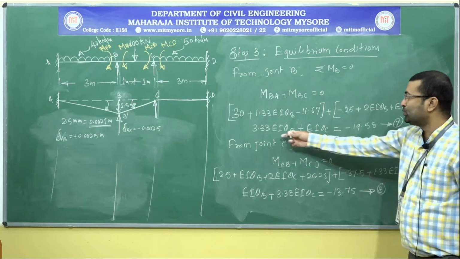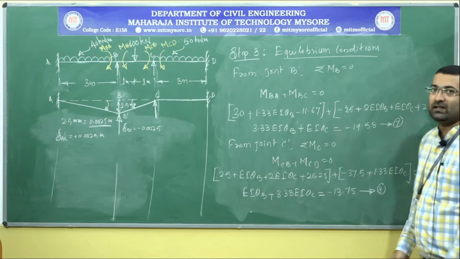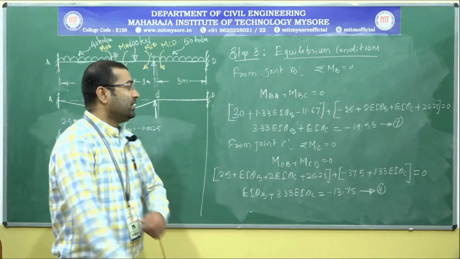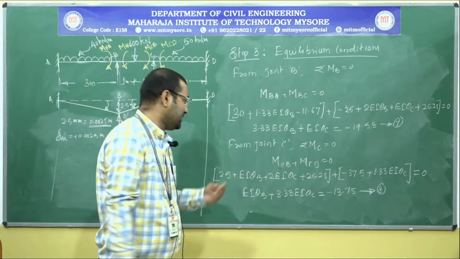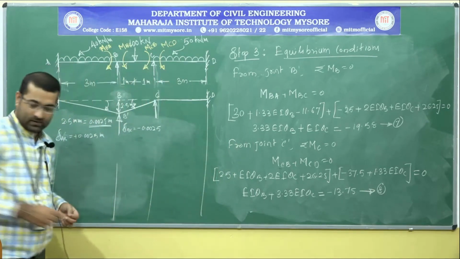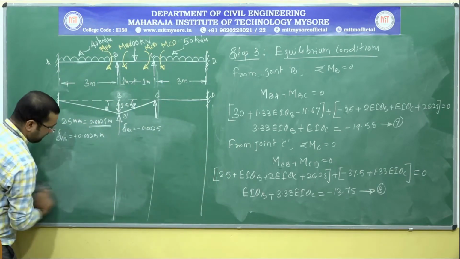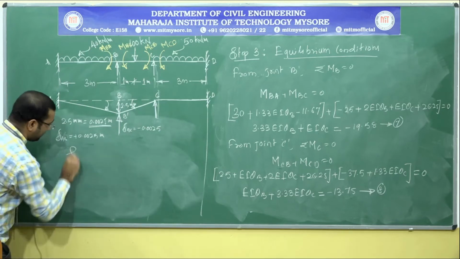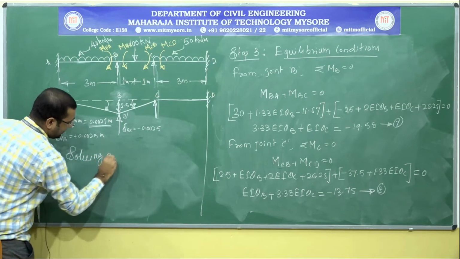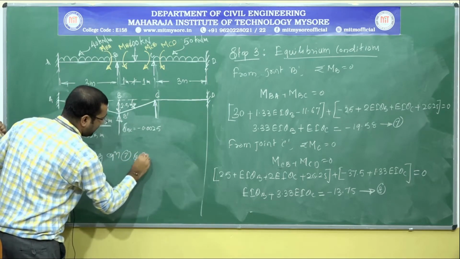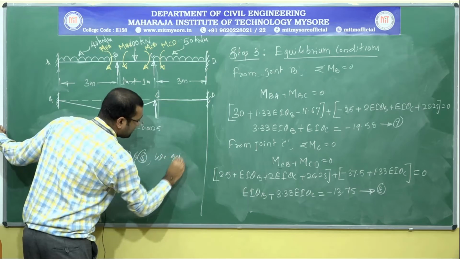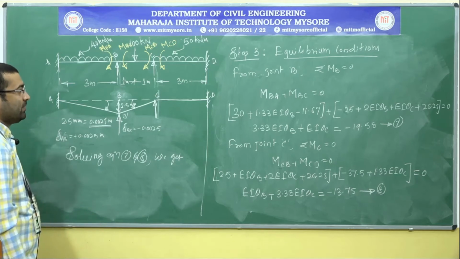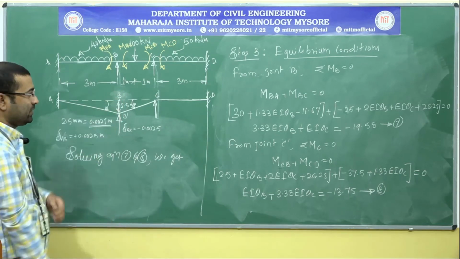We have two equations with two unknowns, EI theta B and EI theta C. So we can solve these two equations simultaneously to determine the rotations at B and at C. Solving equations 7 and 8, you can use your calculators, or even solve this manually, whichever way you feel comfortable.